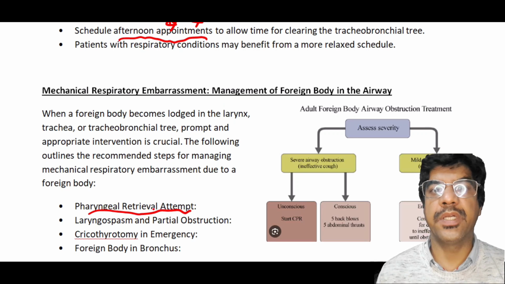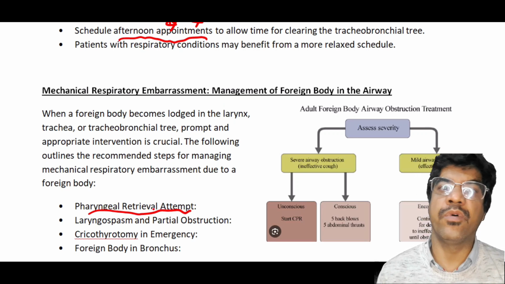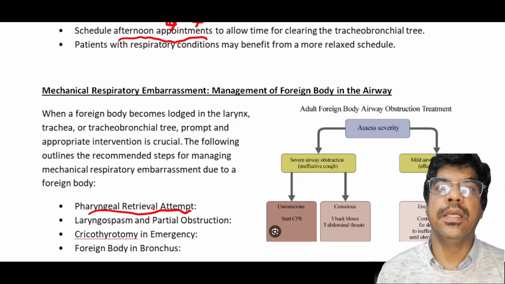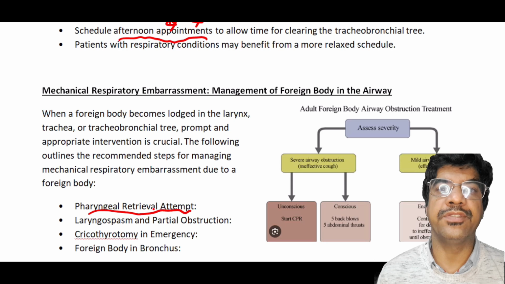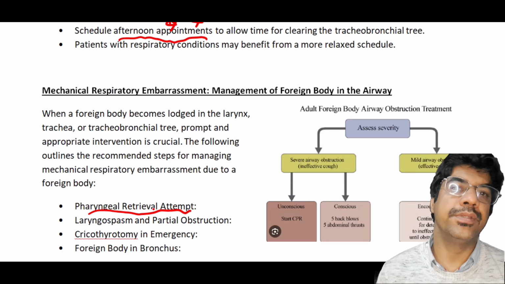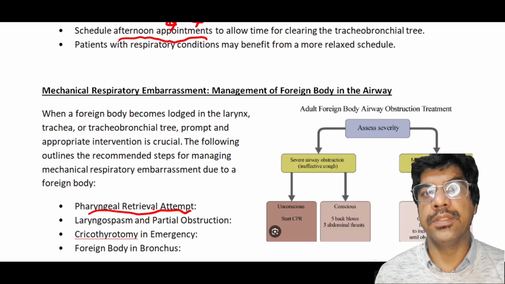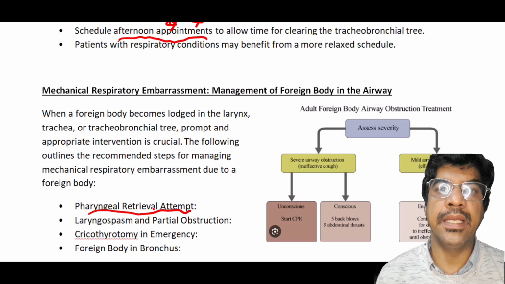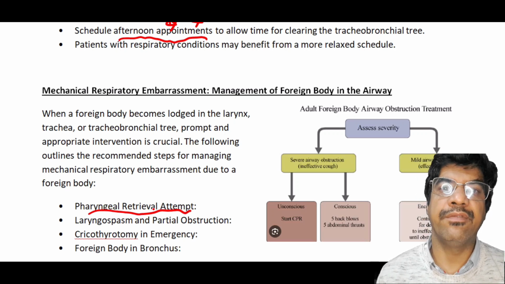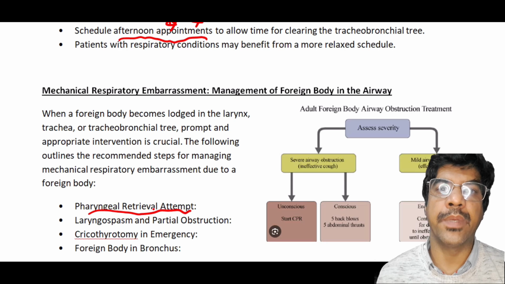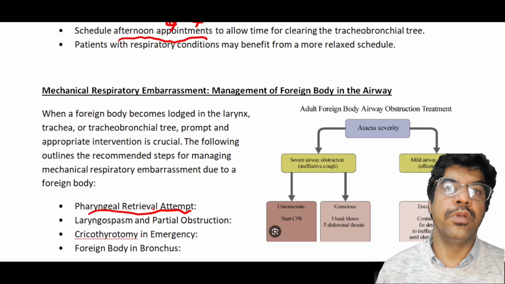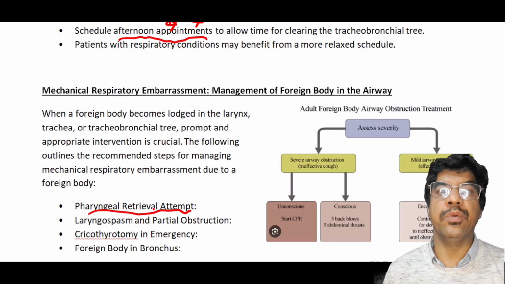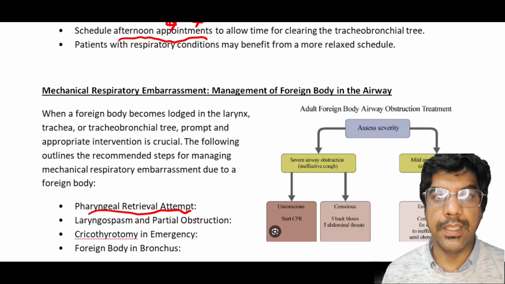Laryngospasm and partial obstruction: if the foreign body is impacted in the glottal opening, it may lead to coughing and choking spasm that may cause partial laryngospasm. If the patient can breathe with sufficient volume for partial oxygenation but cannot dislodge the object, transport the patient to the nearest hospital immediately.